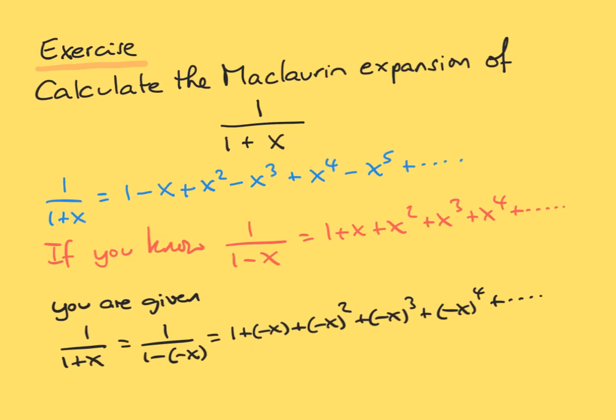And now we just expand things, and if it's an odd power in x, you get a minus sign. So minus x, or so minus x cubed. But when it's an even power, you get x squared, x to the 4th.